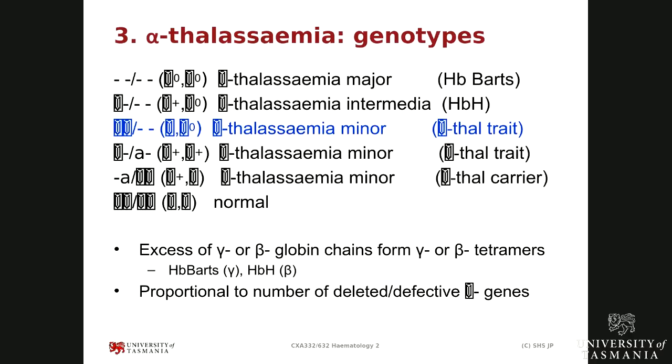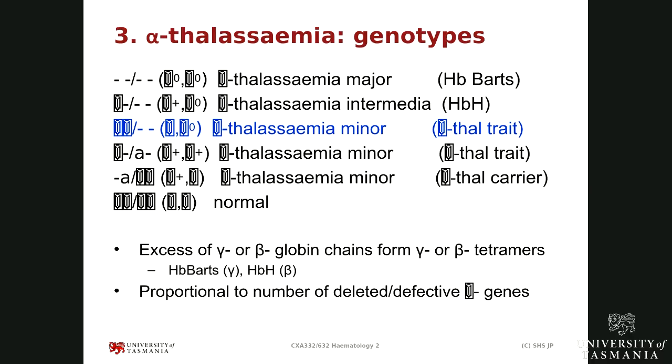The one that's in blue here, alpha thalassemia minor, is the most common form of alpha thalassemia seen amongst the Chinese, Thai, and Middle Eastern ethnicities. And that's fine. There's enough for the person to be quite happy.